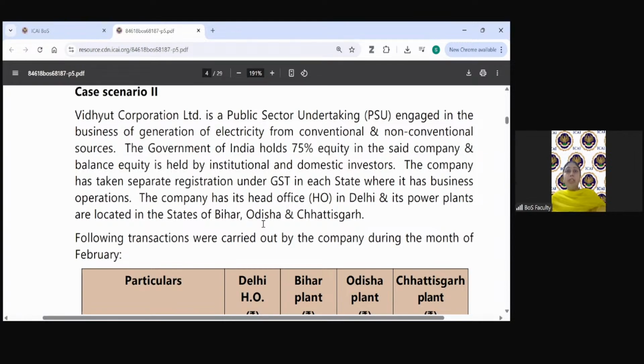This has also been apprised to us. The company has its head office at Delhi, and its power plants are located in the states of Bihar, Odisha, and Chhattisgarh. So this is the whole framework of the company. In fact, the company has one head office and 3 branches, and it has taken registration at each of these places.